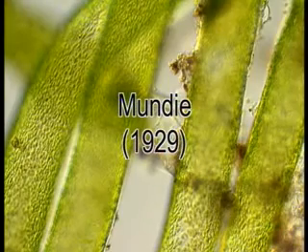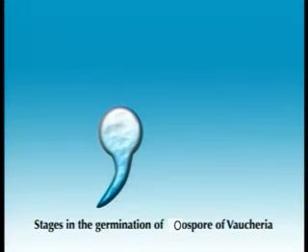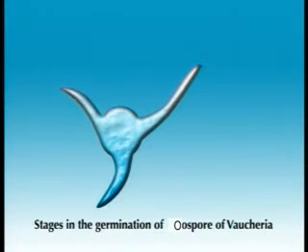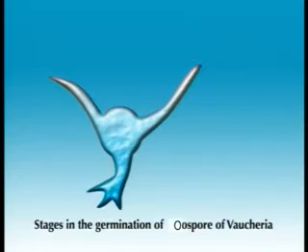Now, according to Mundie, 1929, the Vaucheria thallus is diploid and meiosis occurs at the time of gamete formation. The thick oospore wall ruptures. Through the split emerges a colorless germ tube, or a lateral outgrowth of the germ tube which forms the aerial system.